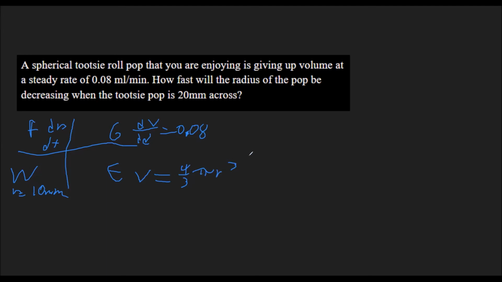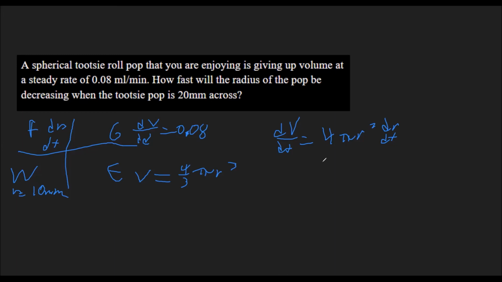So let's find the derivative of the left side, which is dV/dt, because we're deriving it with respect to time. And that is equal to 4 pi r squared dr/dt. Because pi in this situation is a constant, and we're deriving with respect to r. So that's why this is this.